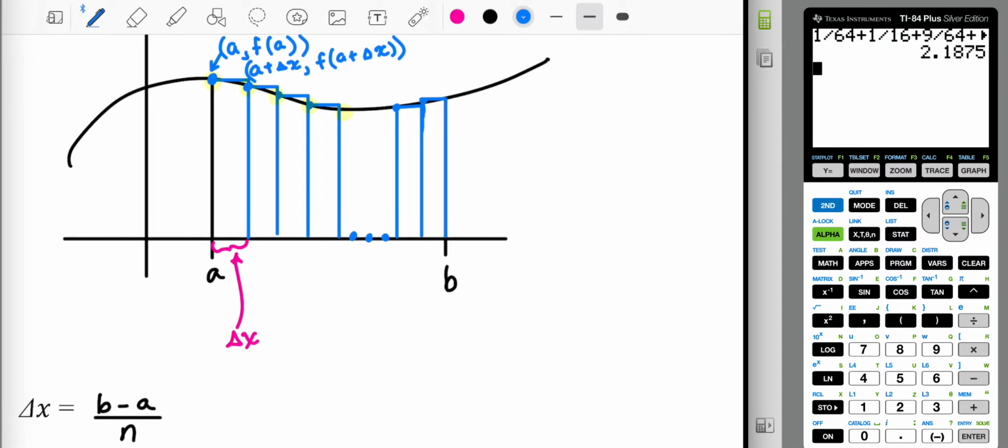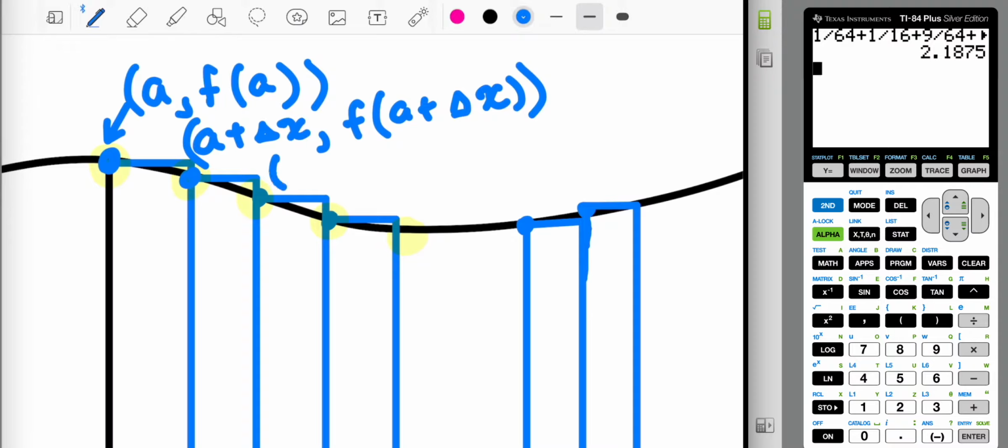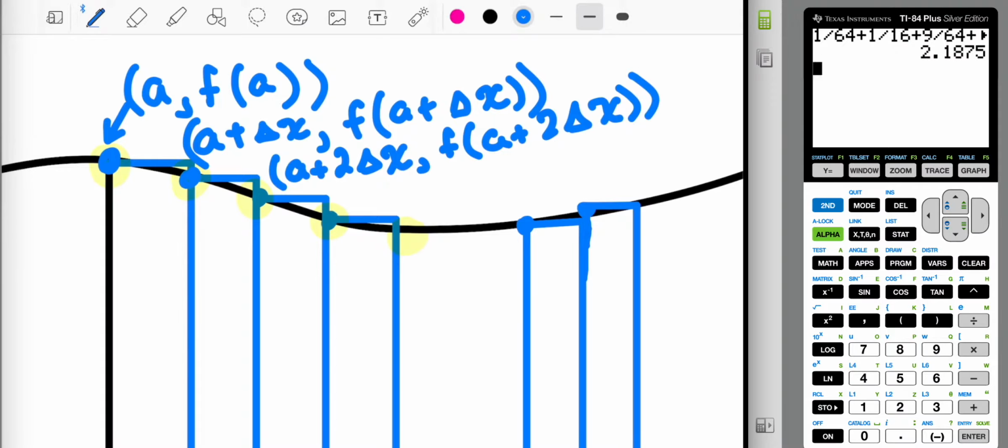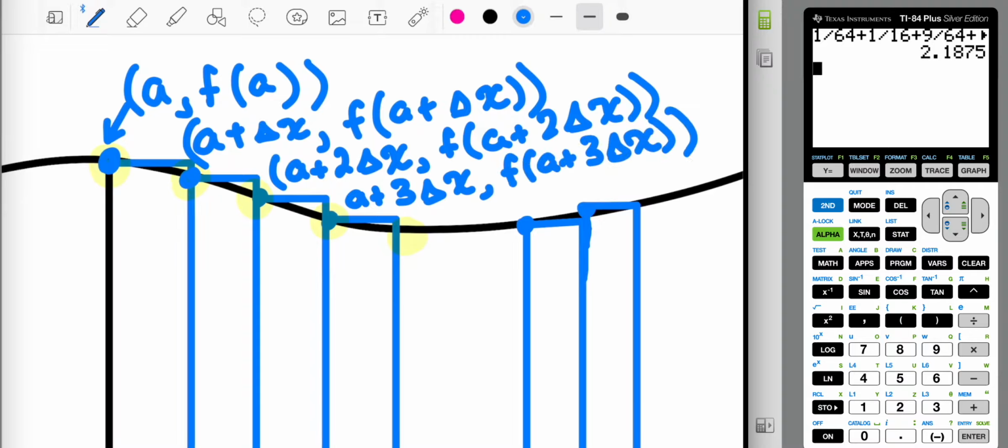So it's going to be a plus 2 delta x, comma f of a plus 2 delta x. And then I'll do one more, a plus 3 delta x, and f of a plus 3 delta x, and so on.